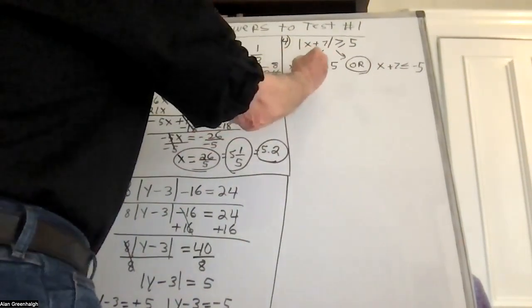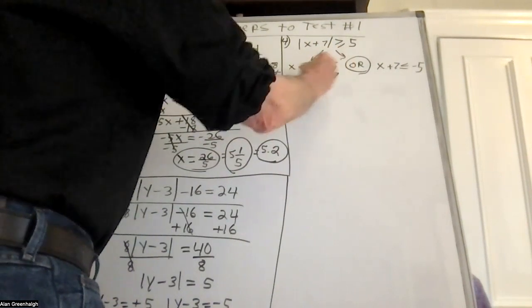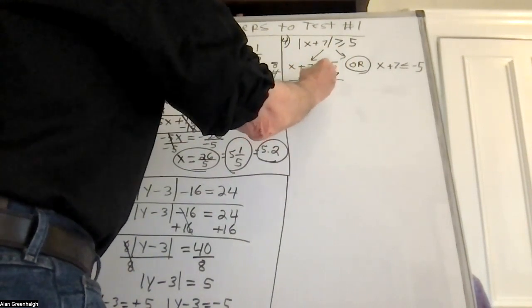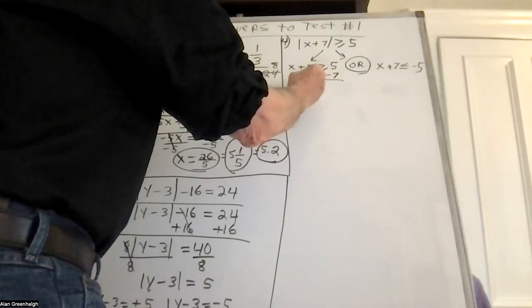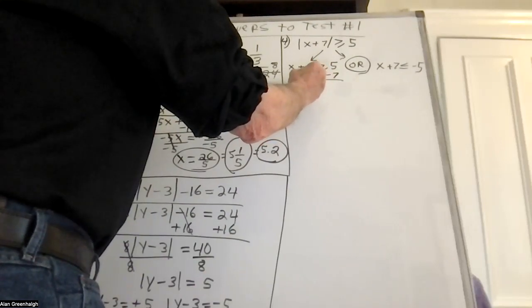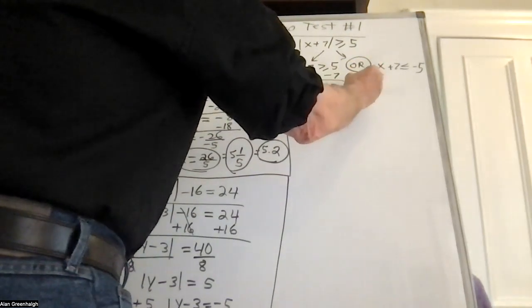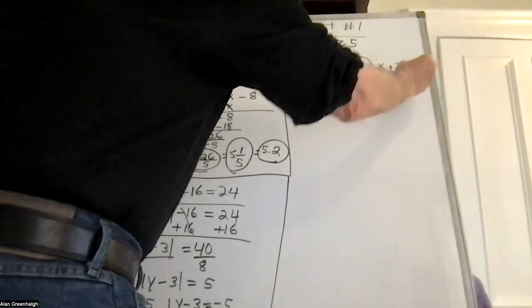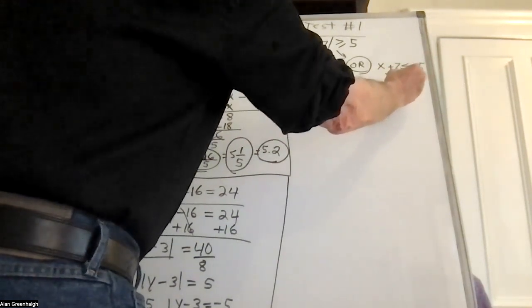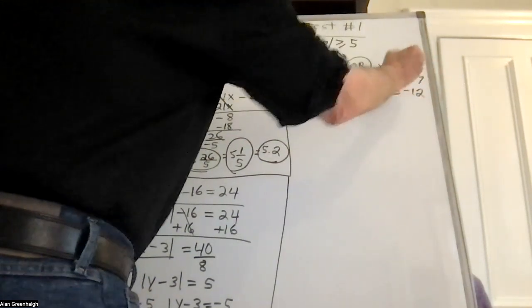And now you solve each of these inequalities. Subtract 7: x is greater than or equal to -2, or x is less than or equal to -12.